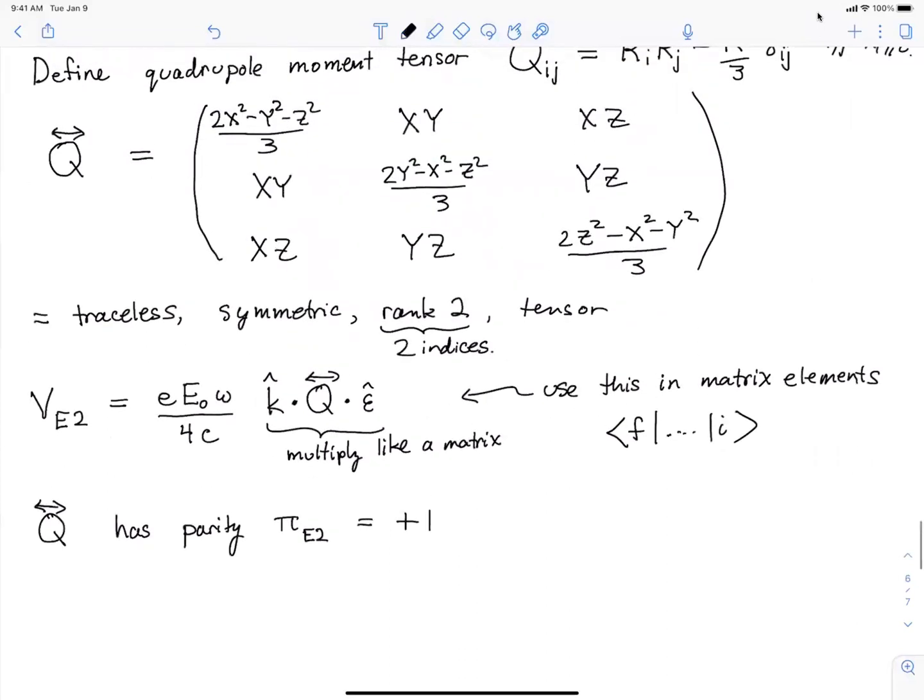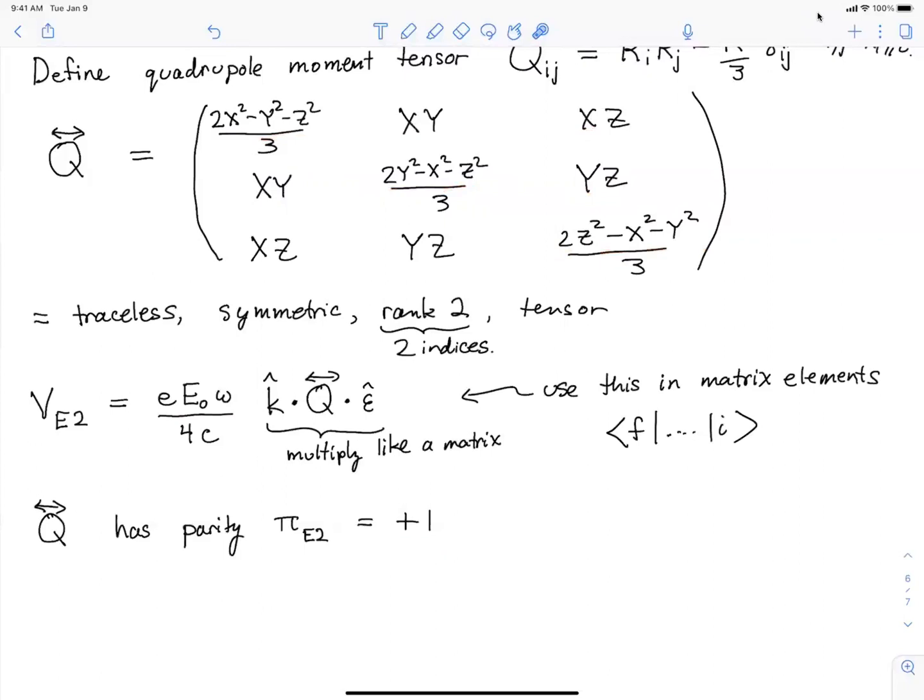And all we need to do to know that is just to stare at each term here. If x flips in sign and y flips in sign, then xy doesn't flip in sign. And you notice everything here is quadratic in the coordinates, all of these terms. So all of them, when I flip each coordinate, don't change sign, which is another way of saying the parity is +1 and not -1.